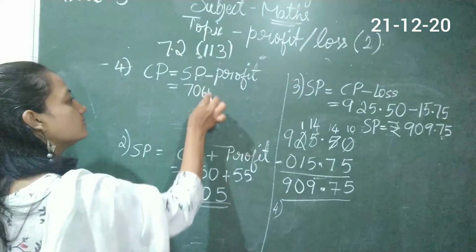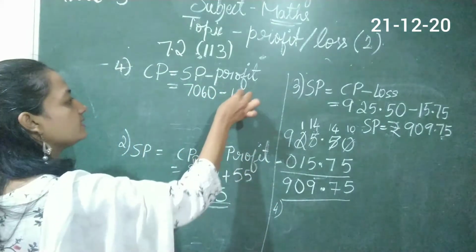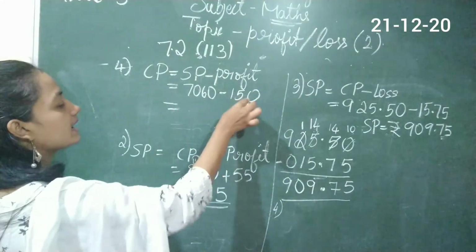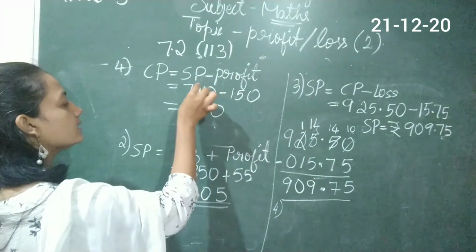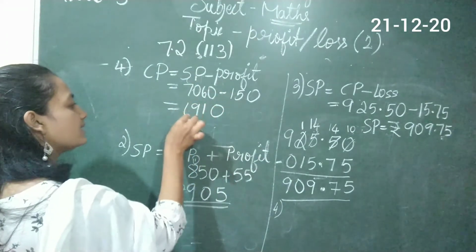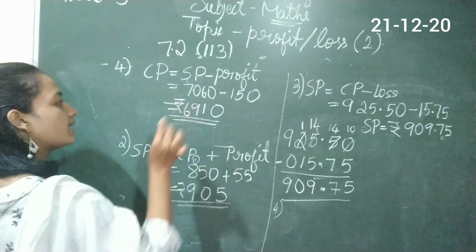The selling price is 7,006 rupees minus profit of 150 rupees. When I subtract them, I get 6, and 9 with borrowing. This is my cost price.